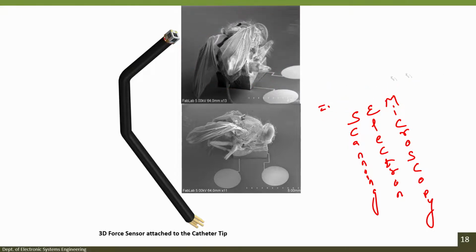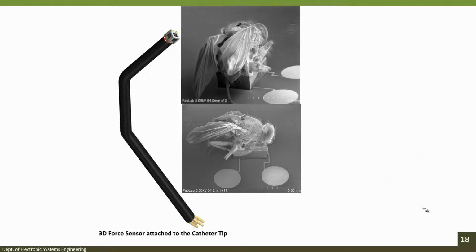The image is of a house fly sitting on the sensor. Now, the idea was to understand what is the weight of the housefly and can we measure that weight with the help of the sensor.